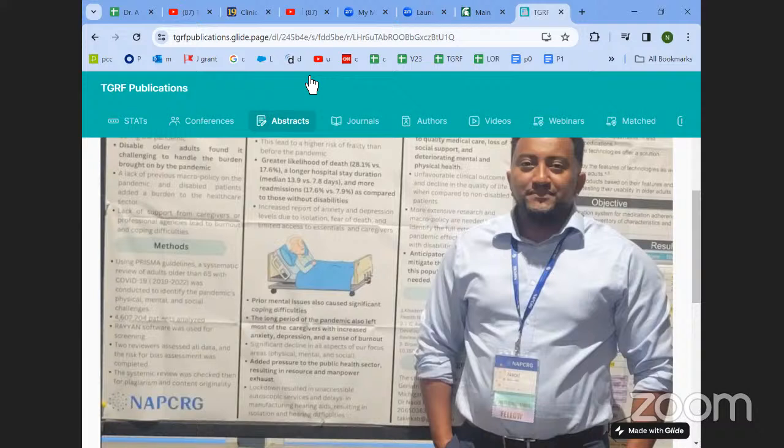And in terms of the presentation, a poster presentation is a bit precise, simple, and to the point as compared to a systematic review and meta-analysis, because this is just a summary. It's a quick glimpse of what you have found and what you want to promote in your paper. And from the audience, the questions are a bit different as compared to a reviewer who is going to review a systematic review.